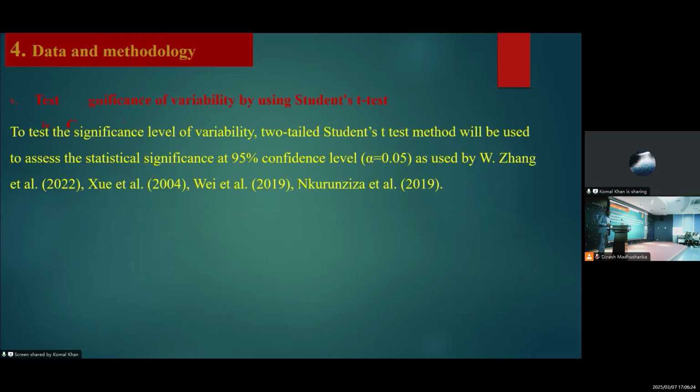Now, another method is the test of significance. We have already maybe revealed the presence of intraseasonal variability, but we want to use a statistical method to test the significance of the variability. We will use the two-tailed Student's t-test for comparing two datasets, like comparing the warm phase and the cold phase.